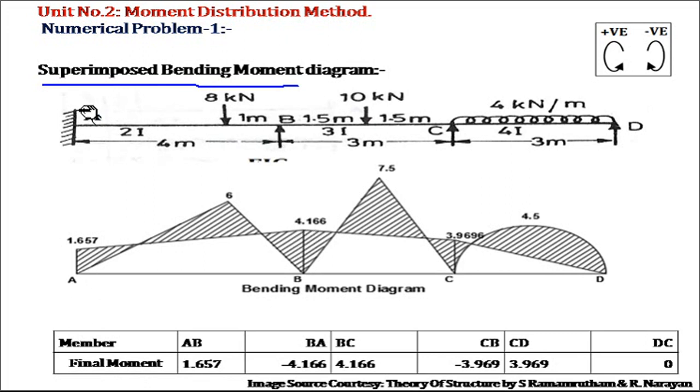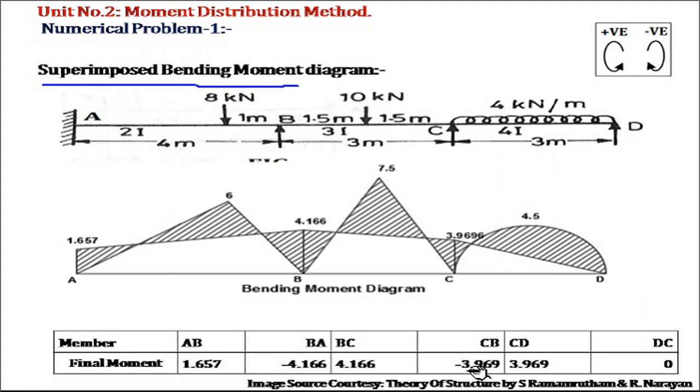Moment in member BA and moment in member BC is 4.166. Only the sign differs: for member BA it is minus, for member BC it is plus. Whether it is plus or minus, we have to show it above this line. So the moment at joint B is 4.166. Moment at joint C is 3.969.